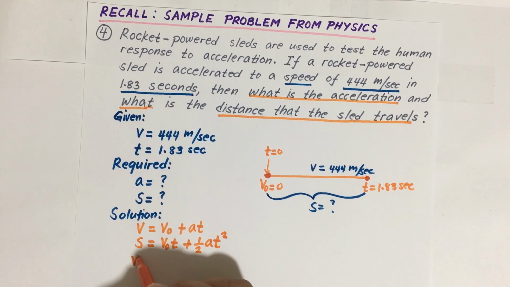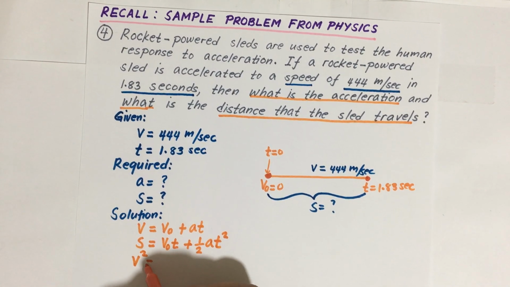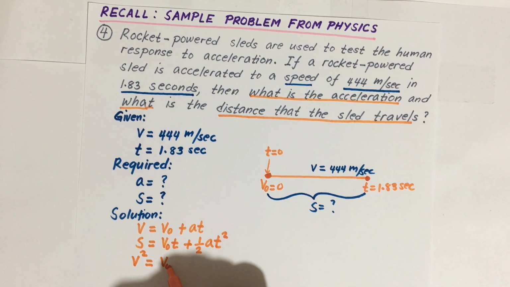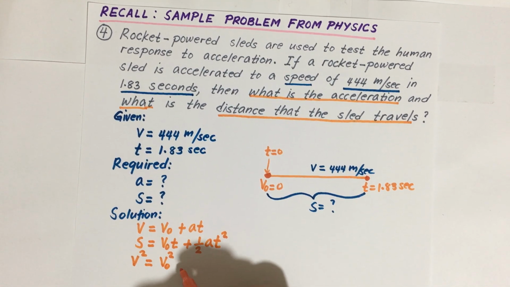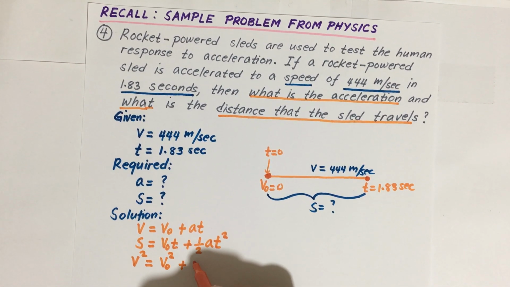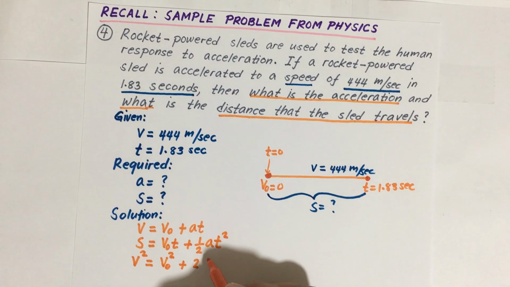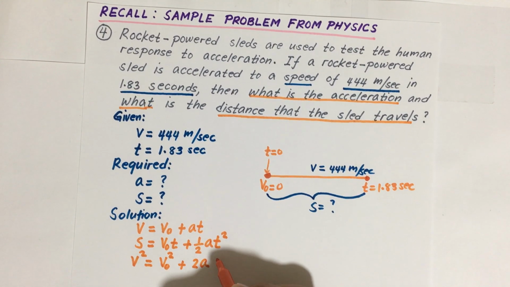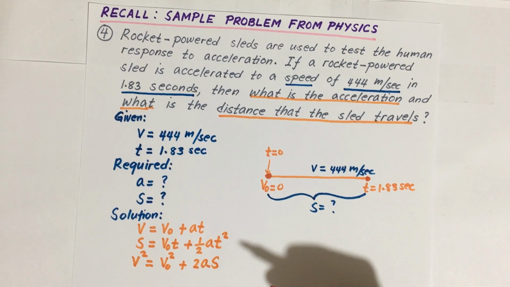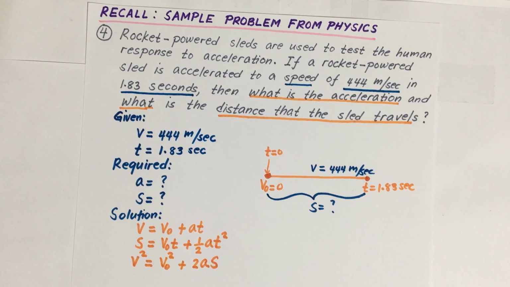And the final velocity squared equal to the square of the initial velocity plus twice the product of the acceleration and the displacement or position.